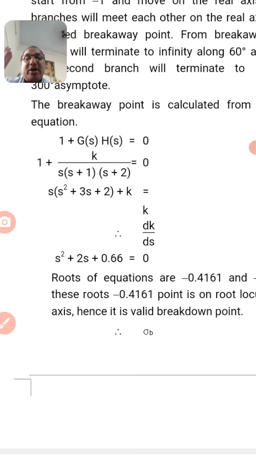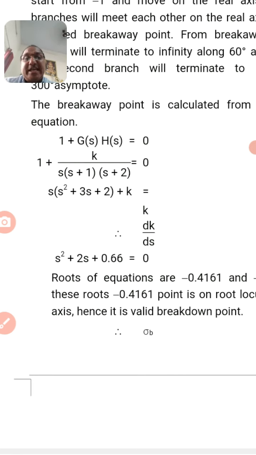So dk upon ds fits into case 1 of the Routh-Hurwitz criteria: if there are zeros, then we take dk upon ds, the derivative, where there will be 0 in the first column.